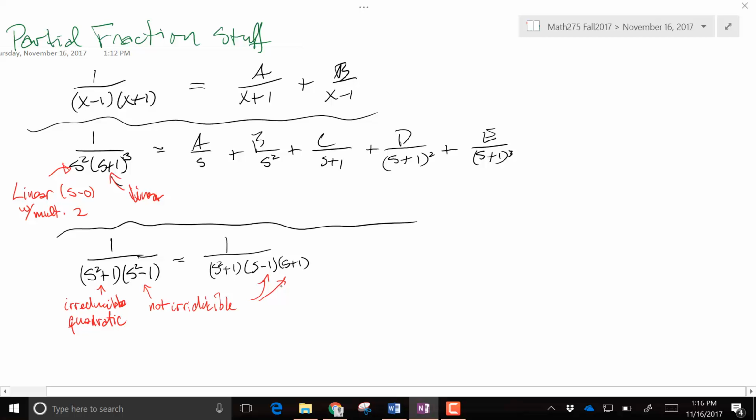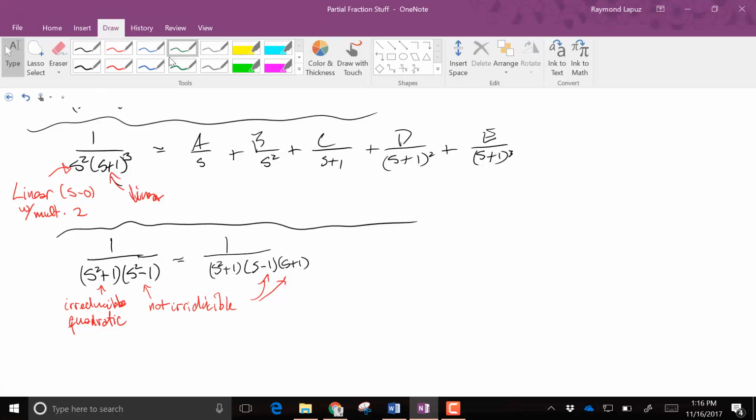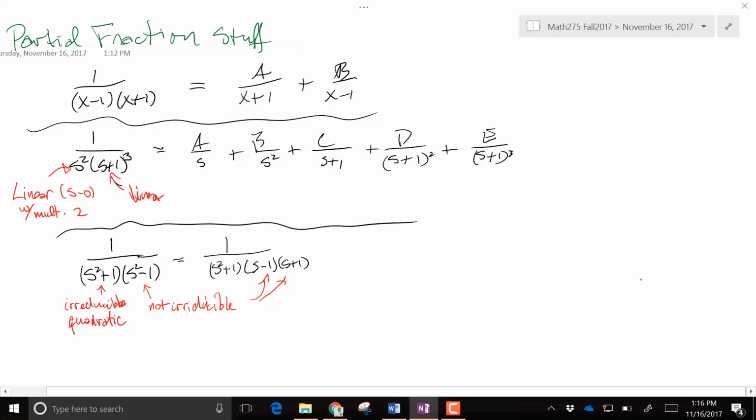So if you have an irreducible quadratic, nothing else you can do. You're just going to have to keep it at that, which means when you break up your partial fractions, on top of the irreducible quadratic, you have to have a linear term. Meanwhile, these other ones are linear, and so you can put constant terms on top.